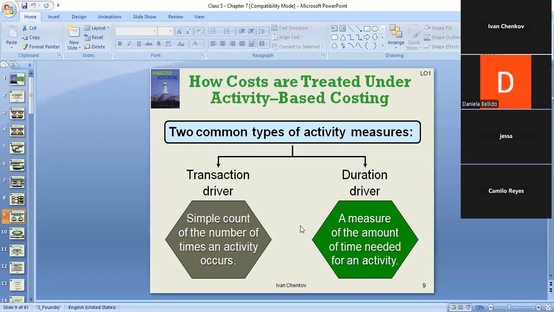So transaction driver will be how many times we're using this activity, where duration driver is how much time we need for that activity. So again, transaction driver is based on the number of times that we're using it, where the duration driver simply measures the time that we need to do that activity.